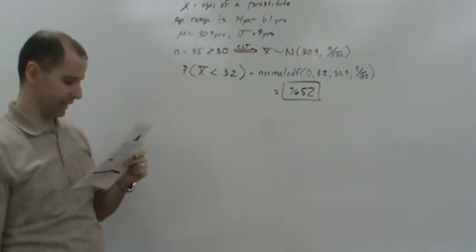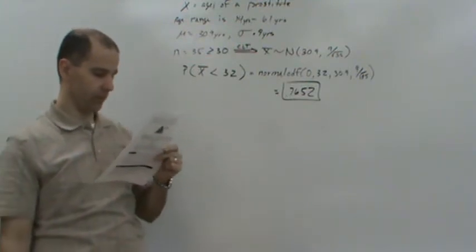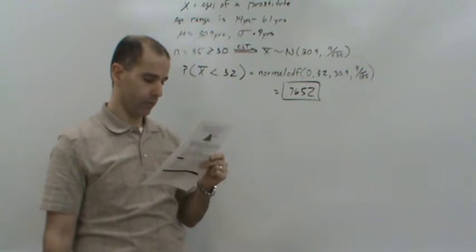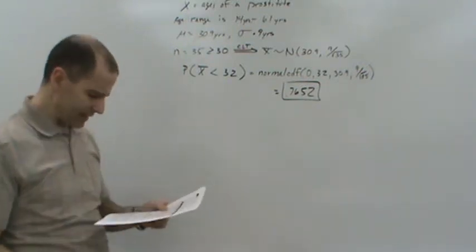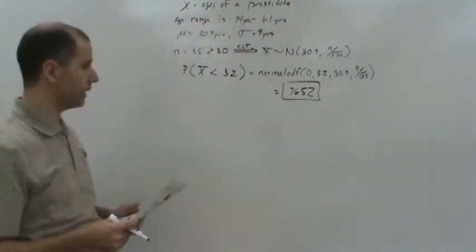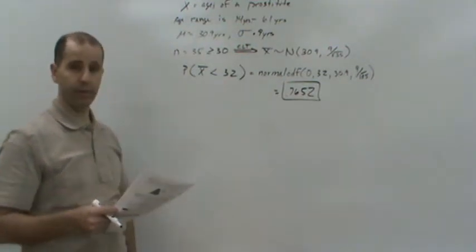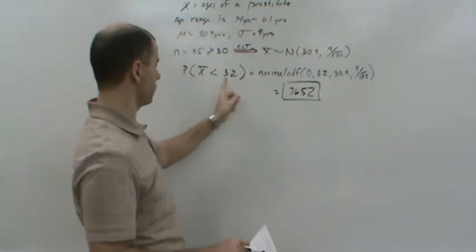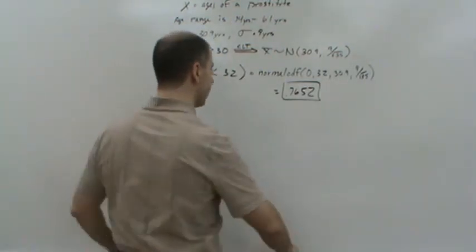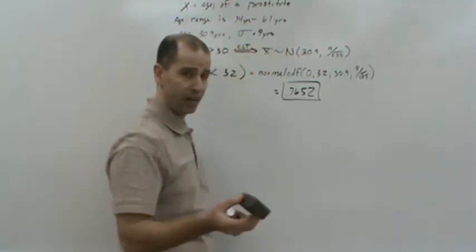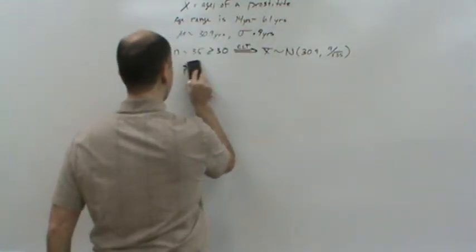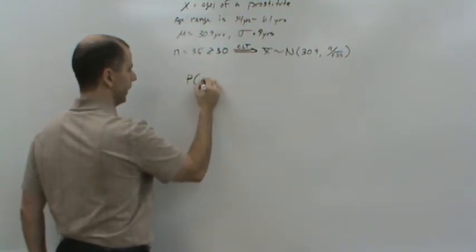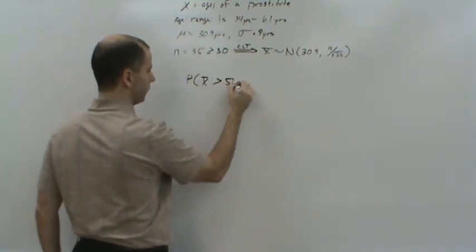Well, we already know that about 76% is less than 32. So let's calculate the probability that the average age is greater than 50.